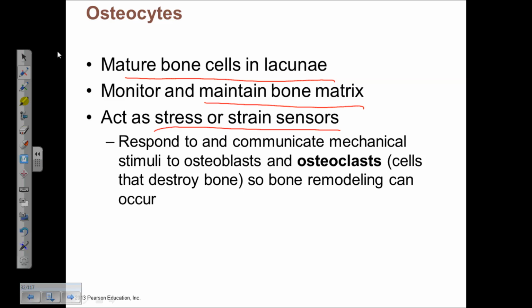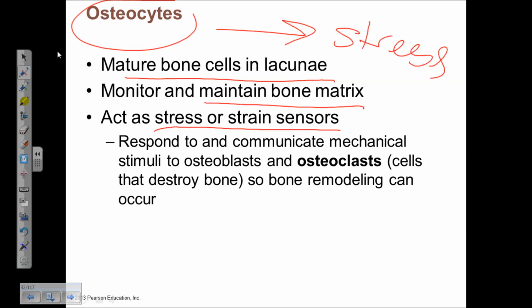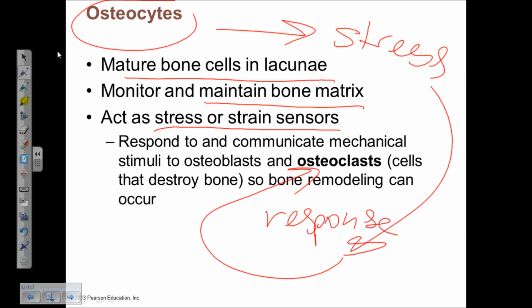So osteocytes will sense that kind of stress, and they will trigger the response that will lead to the osteoclasts destroying the bone, which is a normal process. By destroying, I mean they will take out part of the bone in one location so that osteoblasts can build the bone in another location. This is called bone remodeling.